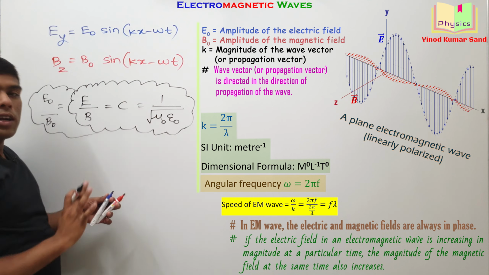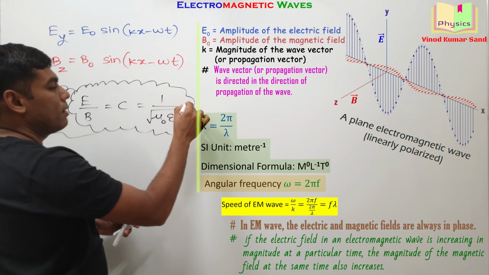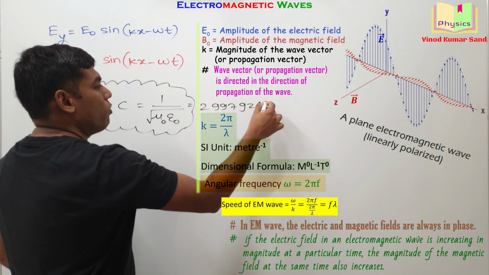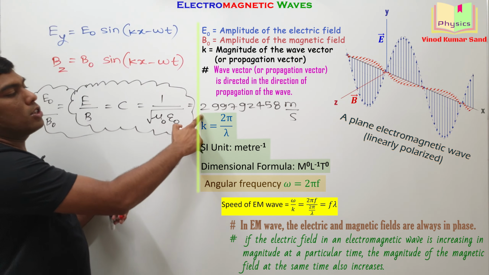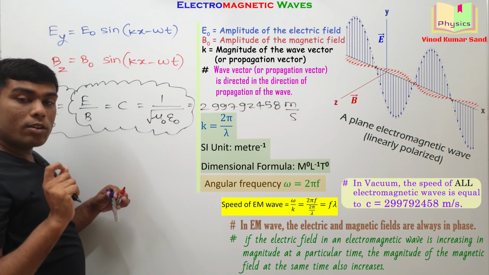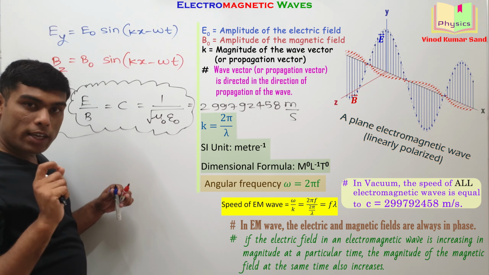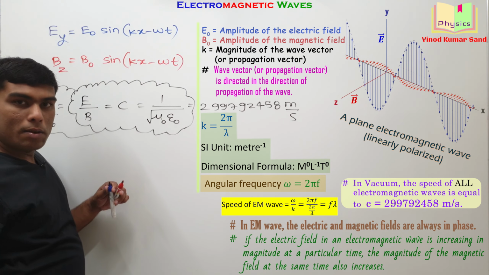This comes out to be 299,792,458 meters per second. This is the speed of light in vacuum. The electromagnetic waves travel with this speed in vacuum. It was obtained by the great genius Maxwell.